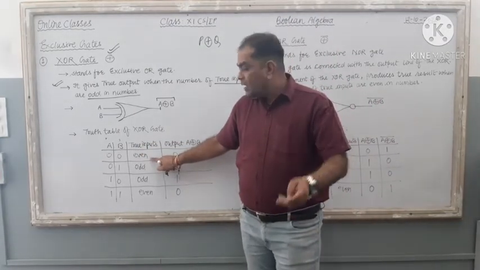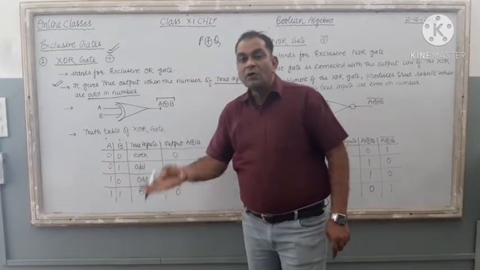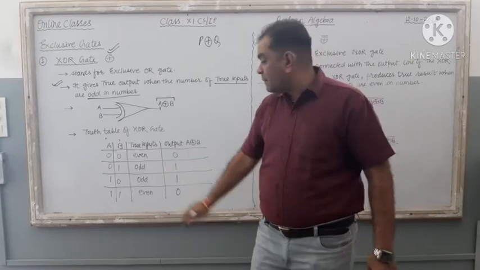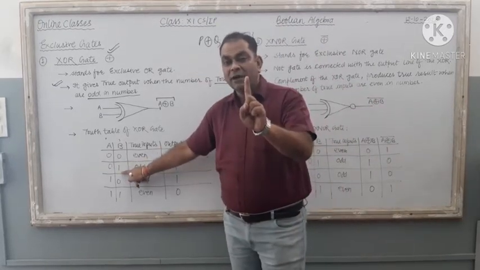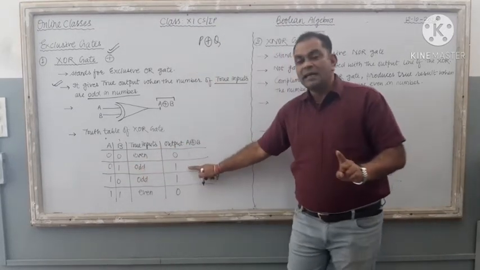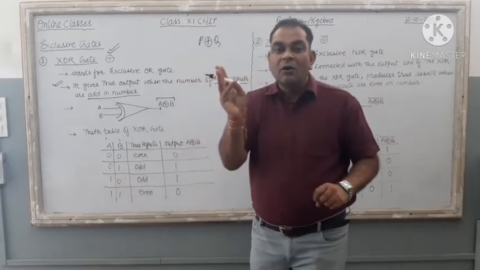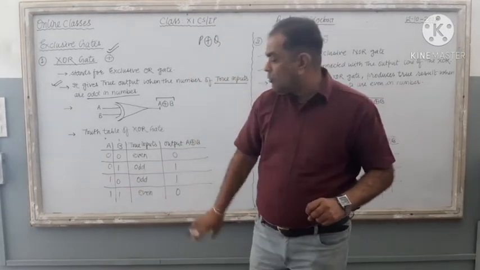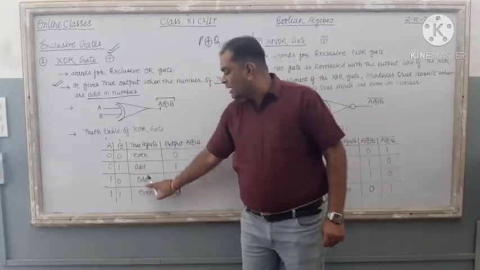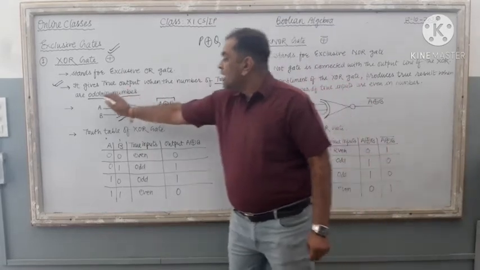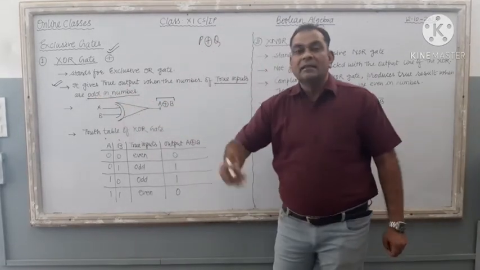0 means even. Now 0 1, count how many 1s are there in that particular row. 0 1, 1 is 1 only. 1 means odd number, so the result is 1. Then 1 0, how many 1s? Count this one, it is 1 only. 1 means odd number, and the rule is that if true inputs are odd in number, then the result is true.